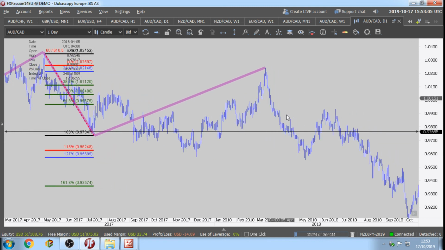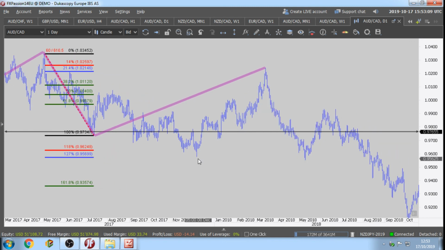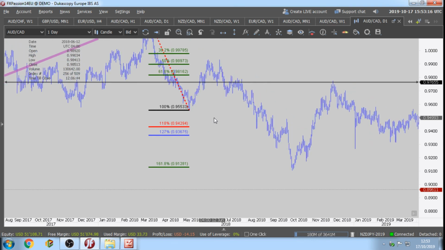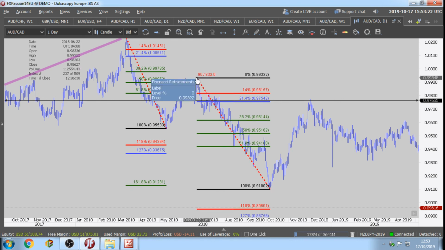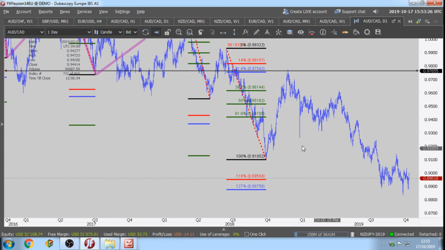So our blue is here. This is the new sequence, and we are here right now. This is the extension, this is the C, and whoops, there you go.